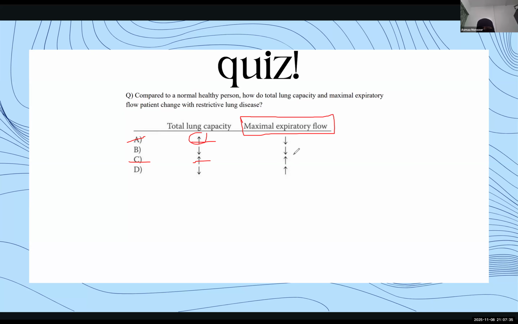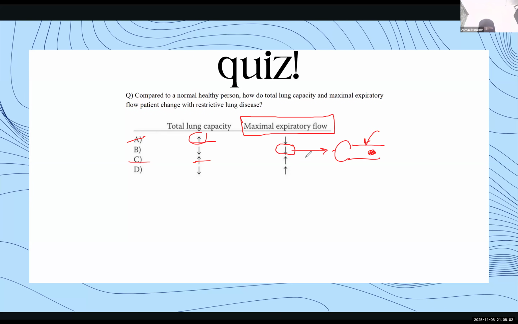This is because of the dynamic compression of the airways, in which the equal pressure point comes earlier, and so expiration will be affected. The person will not be able to exhale as much as they want, because the airways are compressed now. Does that make sense? So the answer here will be B.